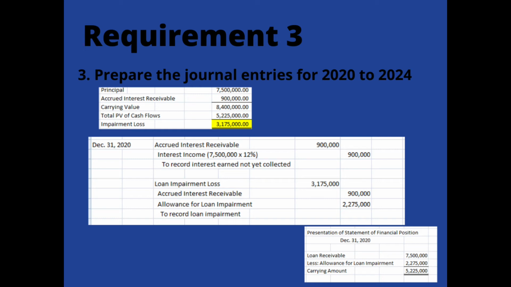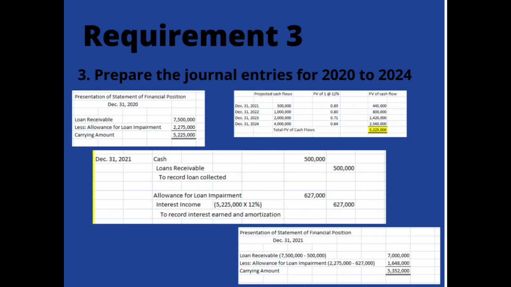We create a presentation of the statement of financial position on December 31, 2020. It's just optional because we will use it as a guide to find the amount for the next year, which is the journal entries for 2021. For the journal entries for 2021, the data is based on the schedule of principal payments found in requirement number 1.